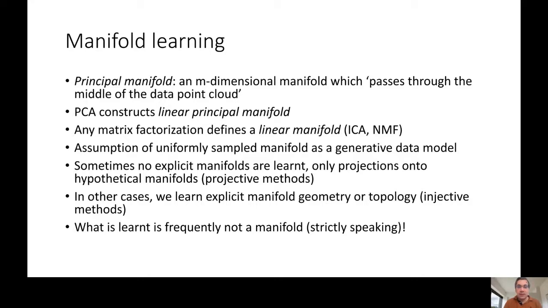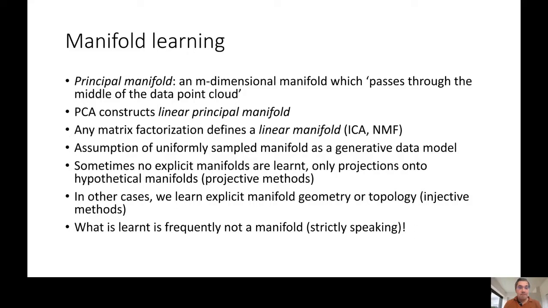Other methods of matrix factorization, such as ICA and NMF, also define manifolds, but these manifolds are not necessarily principal. Or at least, it's discussable what kind of manifolds. At least what can be said is that any matrix factorization technique will define a linear manifold.